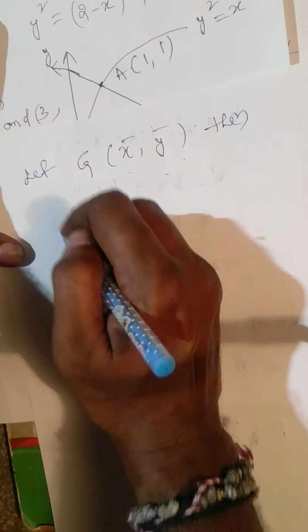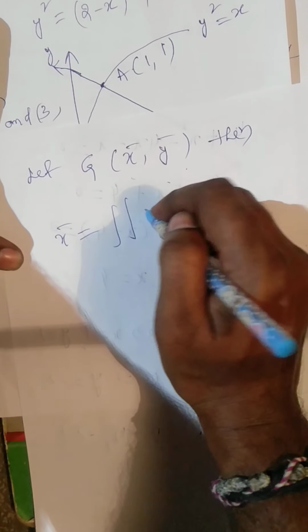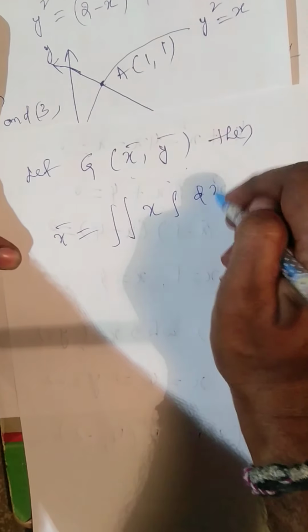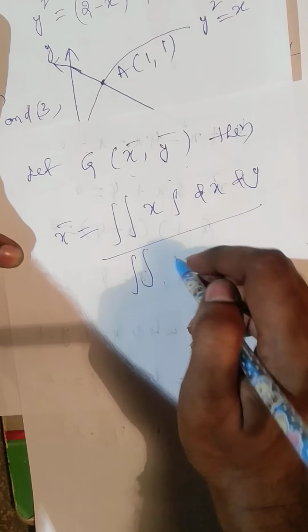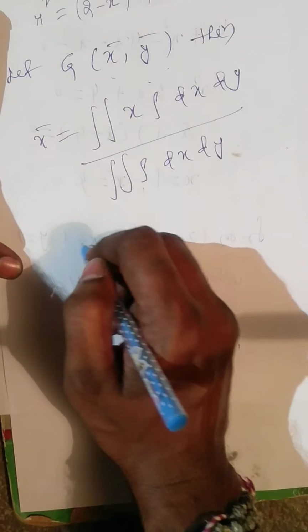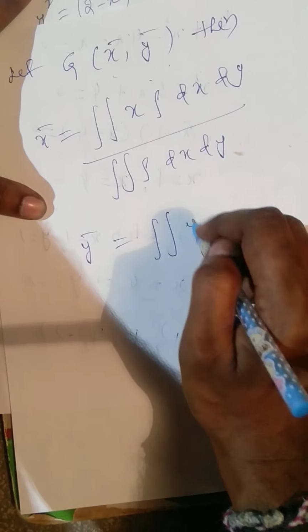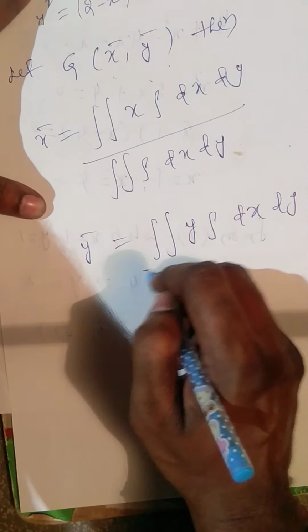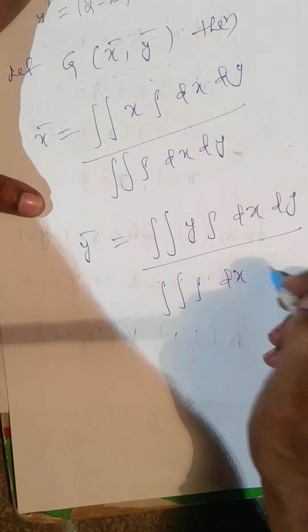So what is x bar here? x bar equals double integral of x rho dx dy by double integral of rho dx dy. Now what is y bar here? y bar equals double integral of y rho dx dy by double integral of rho dx dy.